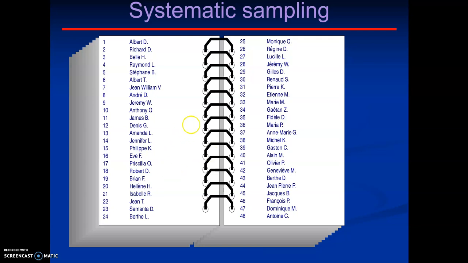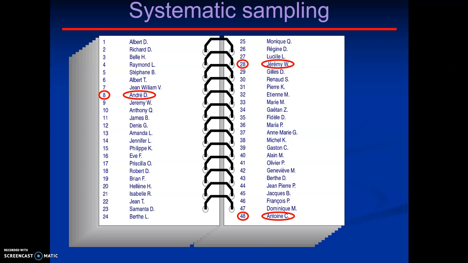Because, for example, we have to list down our whole population with numbering. Let's say we have a small population of 48 students. If we were to do systematic sampling, maybe we take student number 8, then student number 28, and then student number 48.